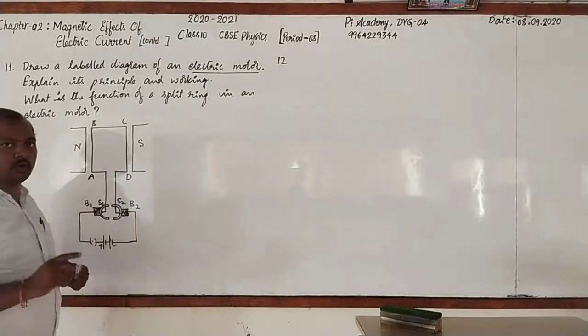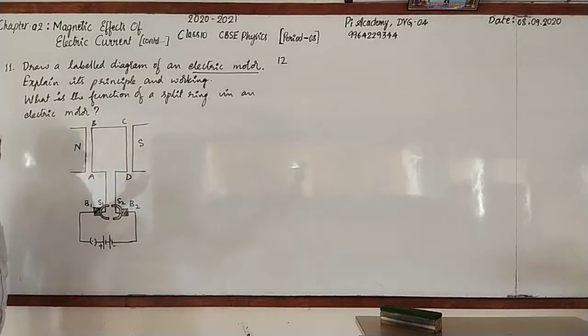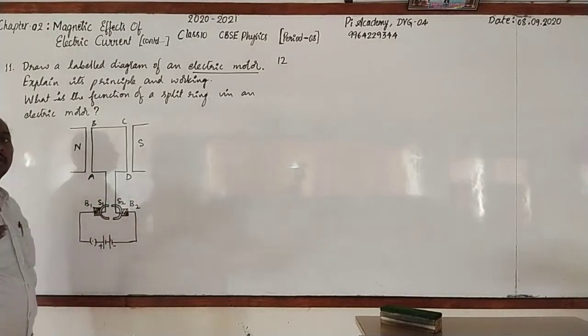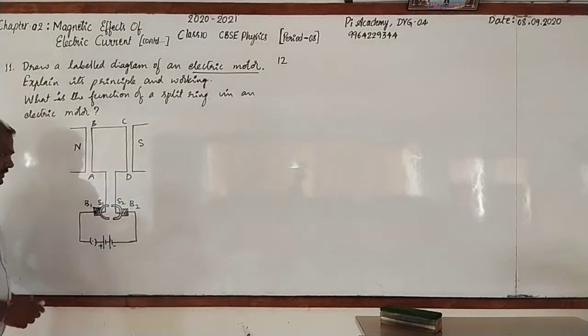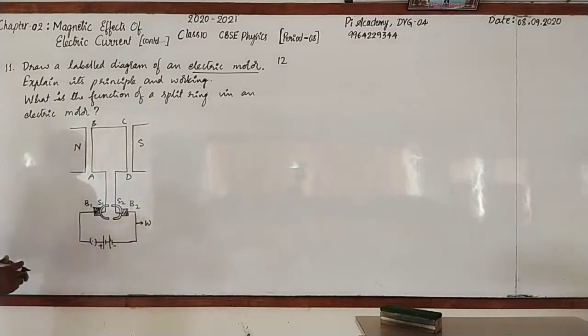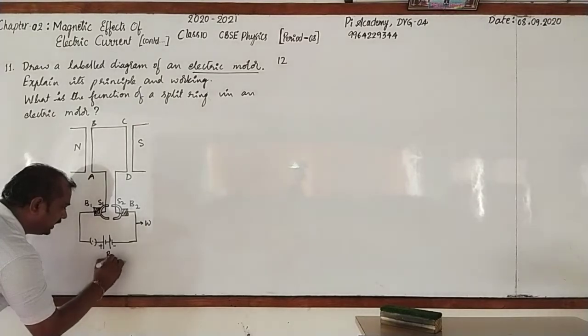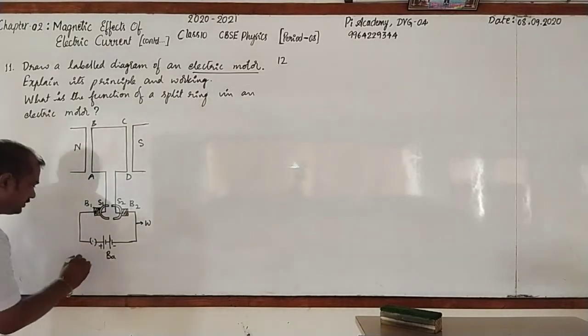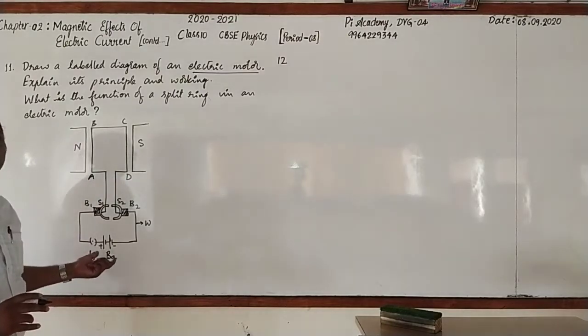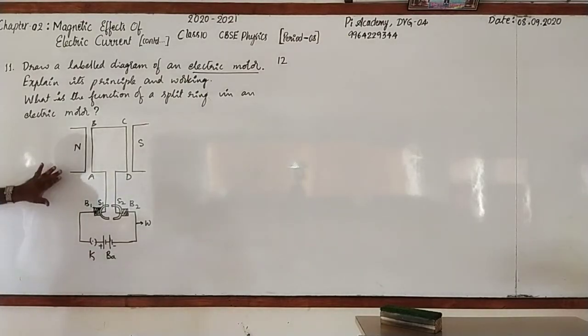S1 and S2 are two half rings or split rings. B1 and B2 are two carbon brushes. W is a connecting wire. BA is the battery, and K means plug key or switch. This is the diagram.